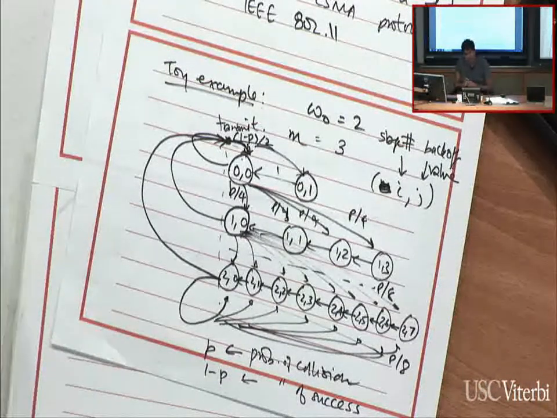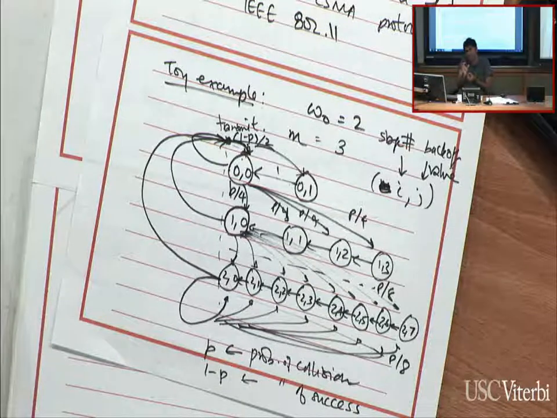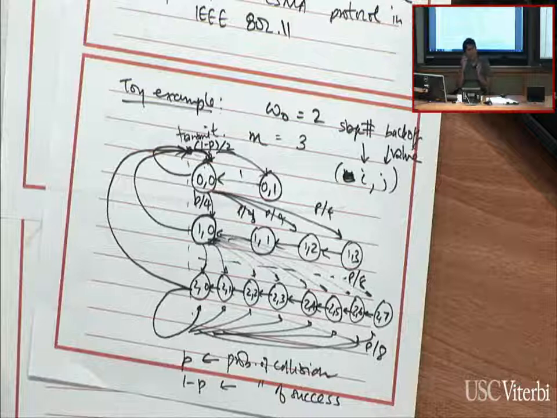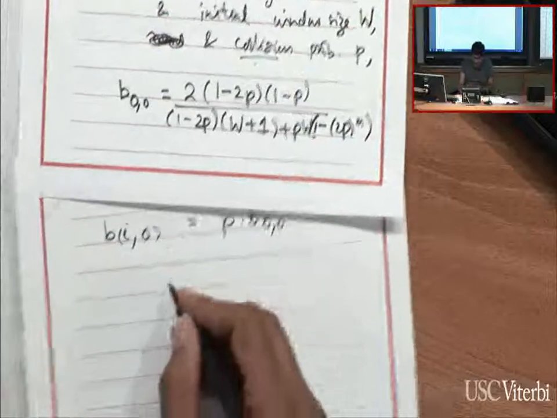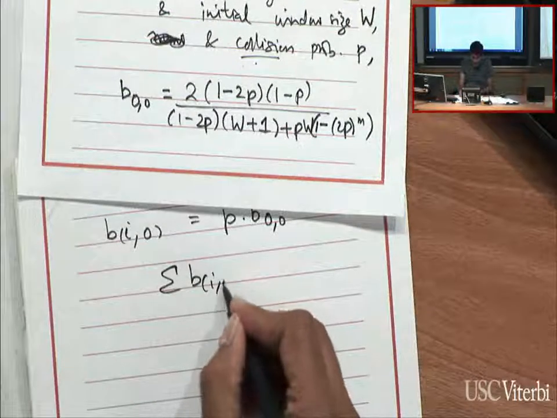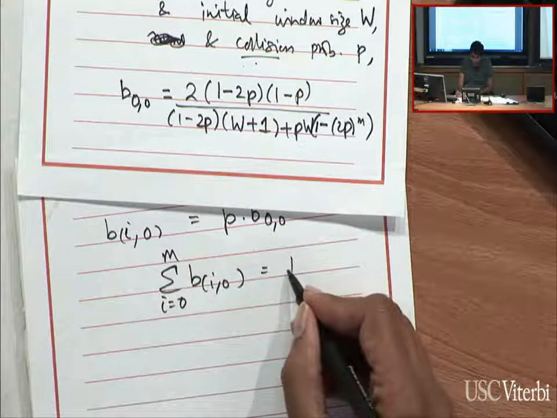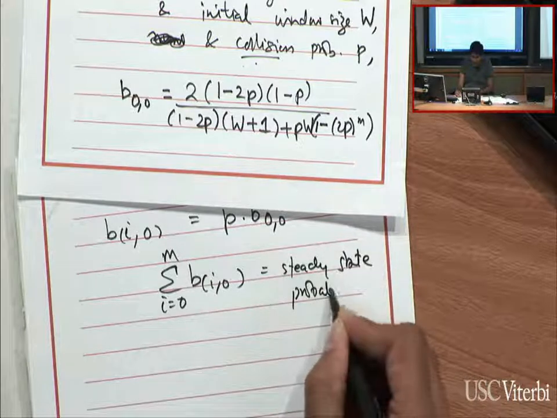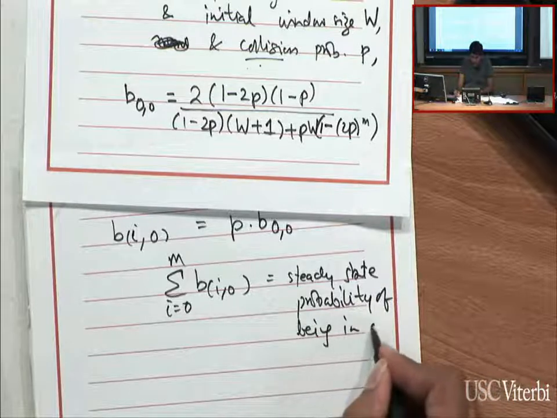Which means that if I think of every time step as a time that I'm spending at one of these states, it's giving me the long-term proportion of those discrete time steps that I'm spending doing transmission. If I simply add up all of these over i, going from 0 to m, this is the steady state probability of being in a transmission state.